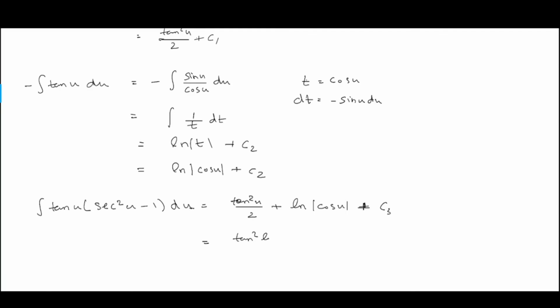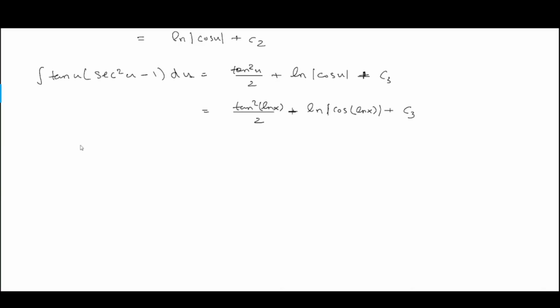So it is tan square ln x by 2 plus ln of cos ln x plus c3, which is the integration of tan cube ln x by x.